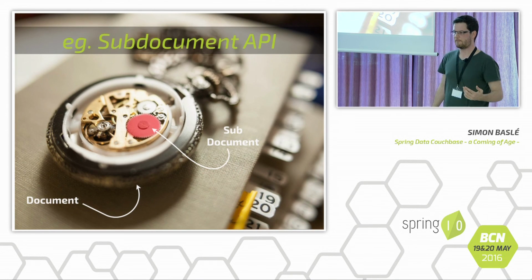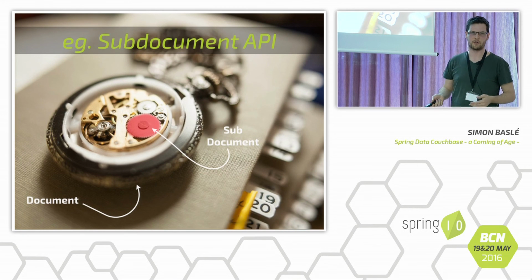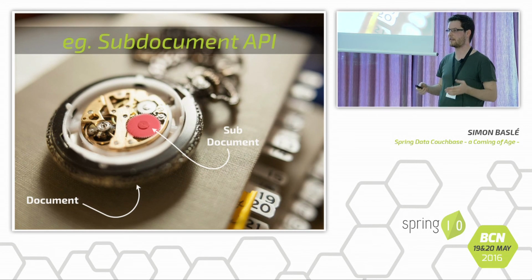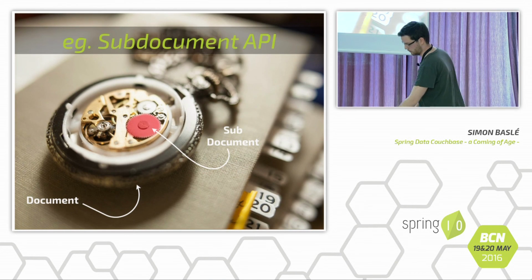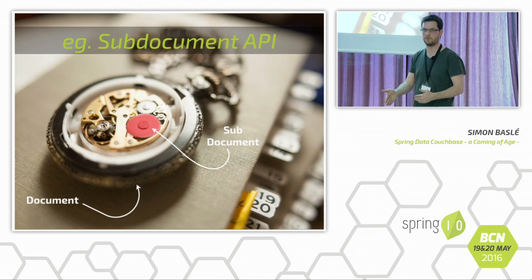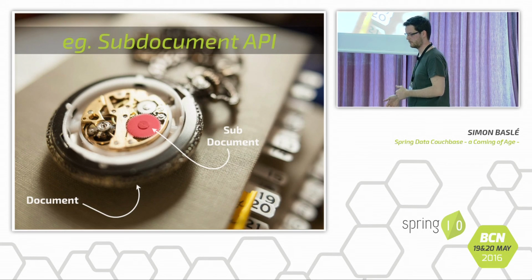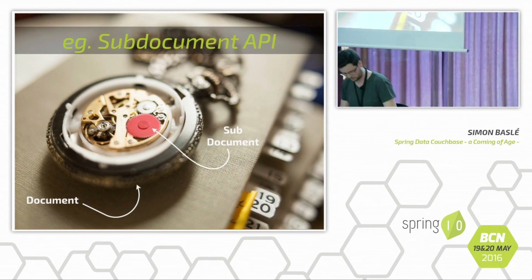So I thought there is no real equivalent in the Spring Data common framework for that, but it could make sense to map that to a controller with a patch verb, HTTP patch. So we could try to use that, and that's what I did to show how easy it is to get access to the native client and perform this kind of operations.